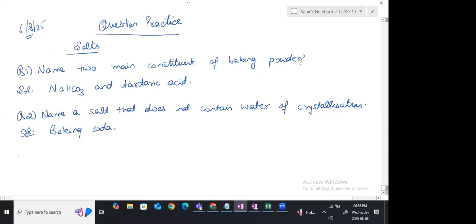Your third question is, which color will the solution of NaHCO3 show in litmus?